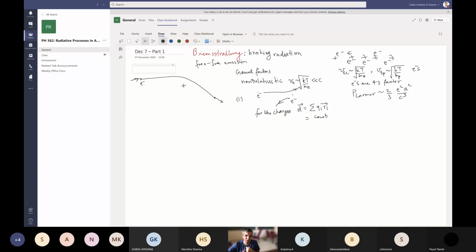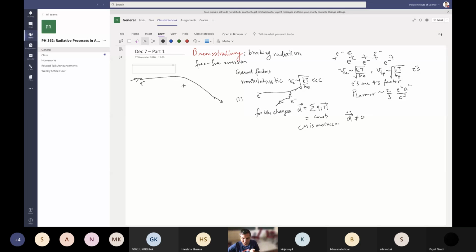Why is this constant? Because these are internal forces between two electrons, and if you have only internal forces, the center of mass is not accelerated. And we recall, when we dealt with the collection of charges, we said that it's d double dot; when that is not equal to 0, that's when we have radiation.